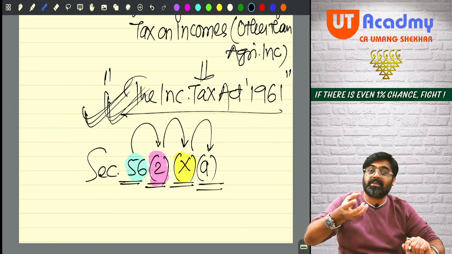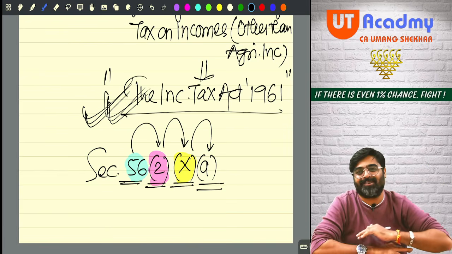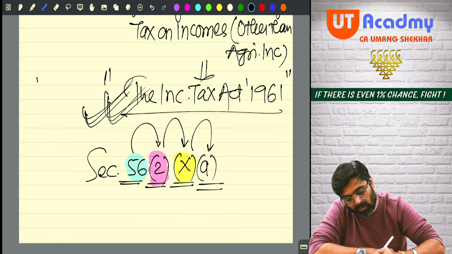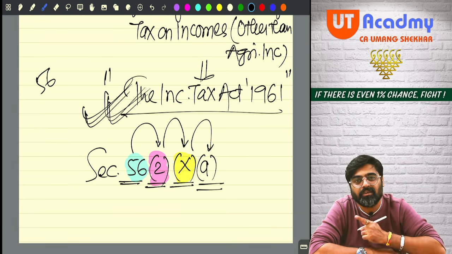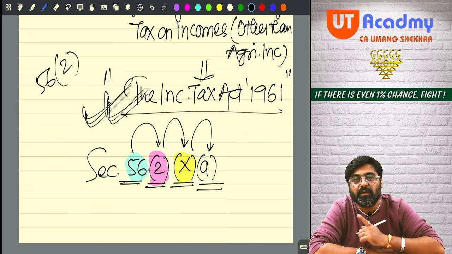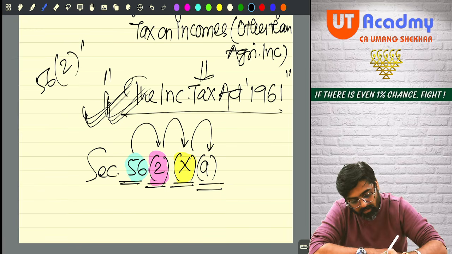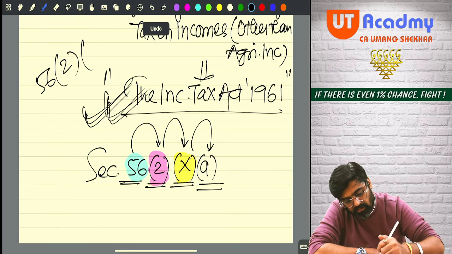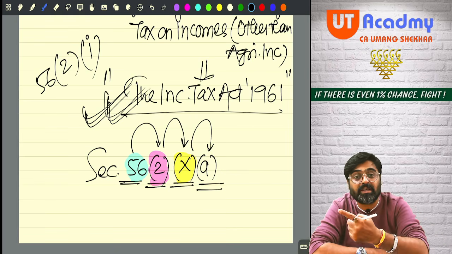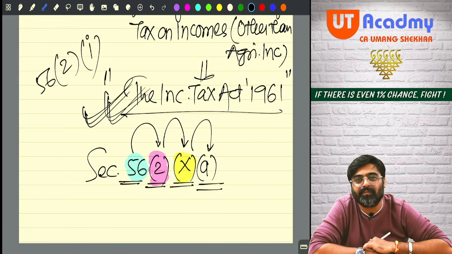In certain sections, under the clauses, you will see subclauses also. If I am writing only this, it is section. If I am writing this, section 56, subsection 2. And after 2, I am writing 1: section 56, subsection 2, clause 1 of subsection 2.